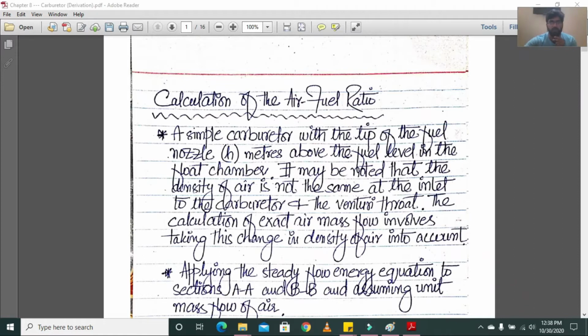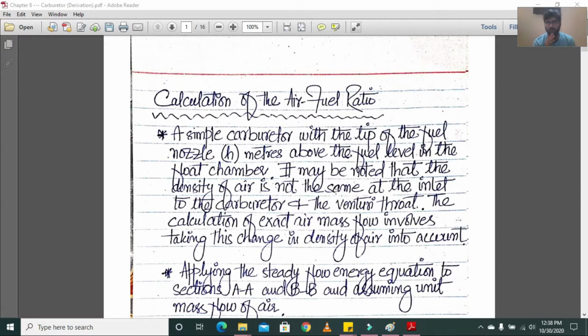For example, a simple carburetor with the tip of the fuel nozzle h meters above the fuel level in the float chamber. It may be noted that the density of the air is not the same at the inlet of the carburetor and the venturi throat. In this paragraph, there are basically two things which need to be understood here.